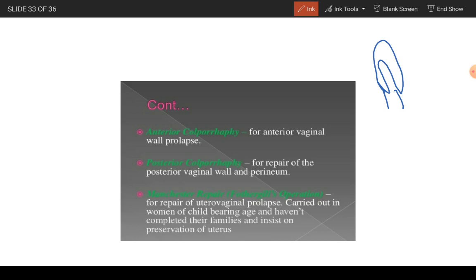You are incising on the anterior vaginal wall, in an inverted T shape. So, inverted T shape.